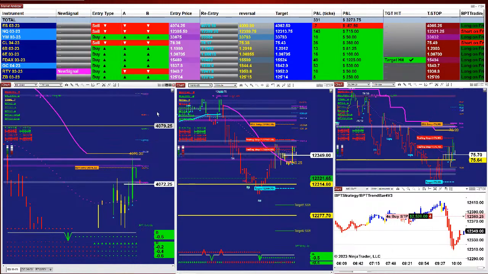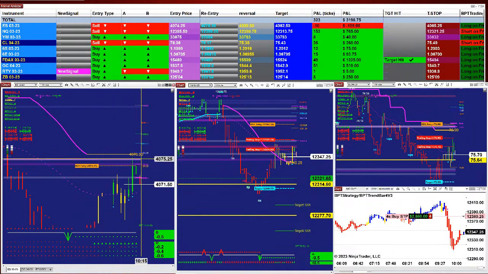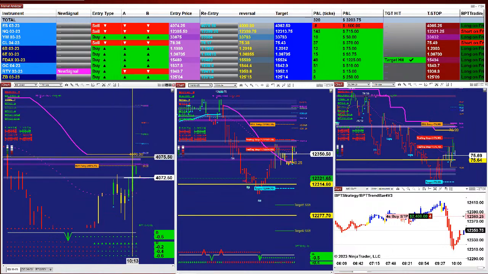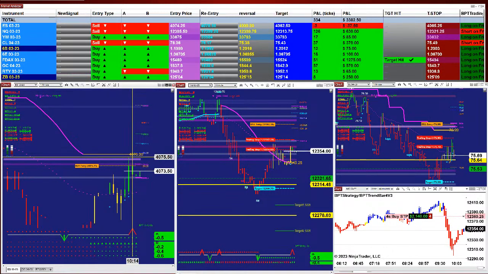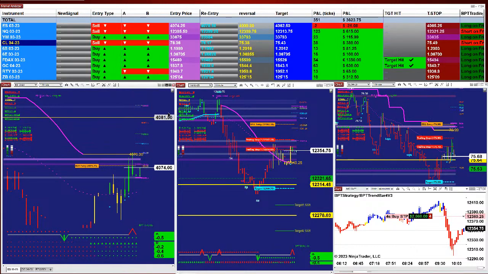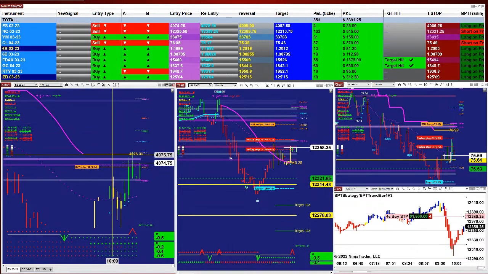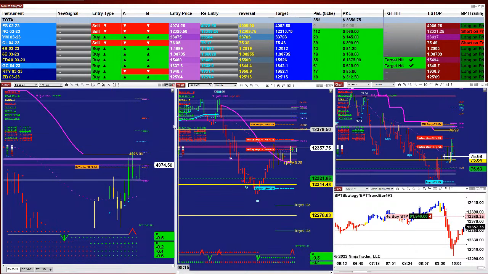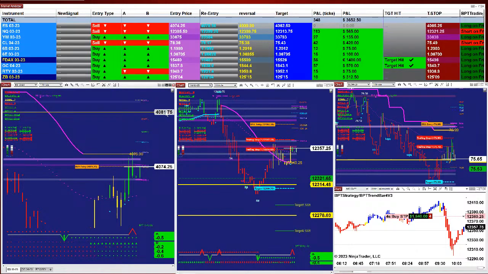So as we see right now, the ES came in exactly to this number, and maybe it's going to try to knock this door one more time and one more time until eventually it breaks that door and we start having a long trade. So if we notice how the ES is trying to knock that door at 40.76, look at this, and it is automatic. You don't have to draw anything when you start your NinjaTrader.